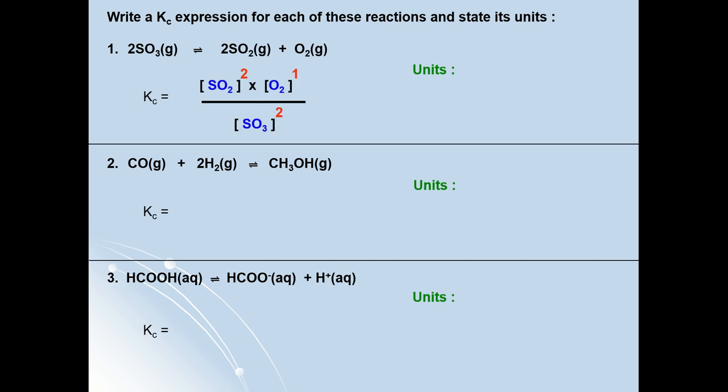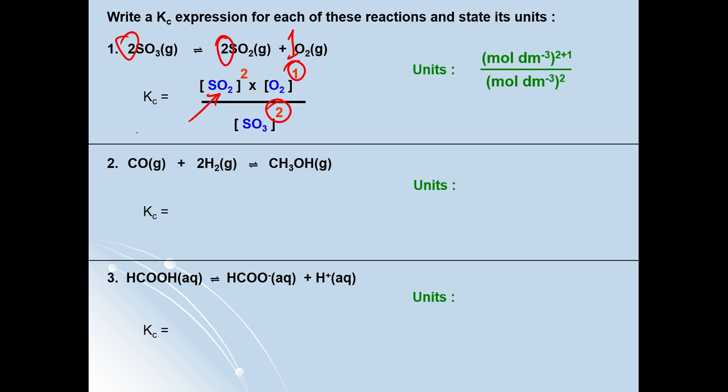Okay, [SO2] in square brackets to the power of 2, obviously 2 comes from here, oxygen, the 1 comes from there, and then our SO3 on the bottom line to there. Okay, our units, on the top line we have moles per dm cubed.